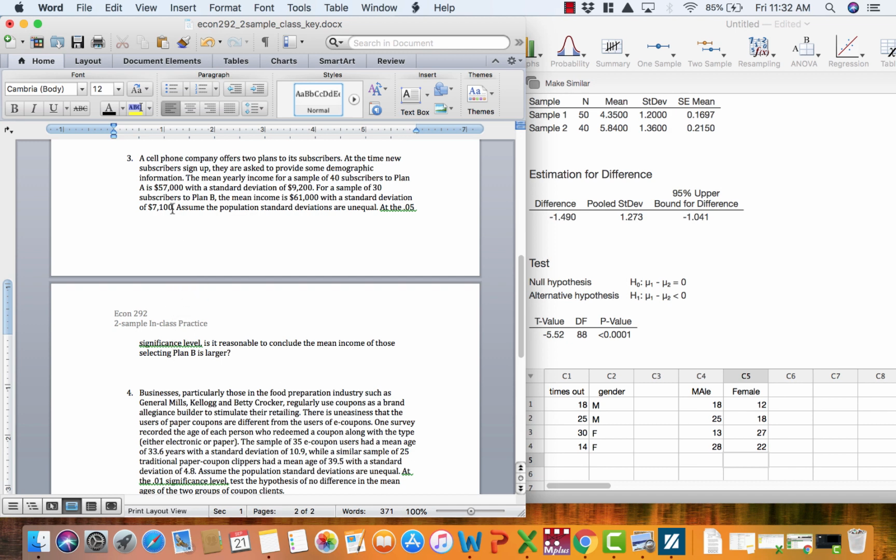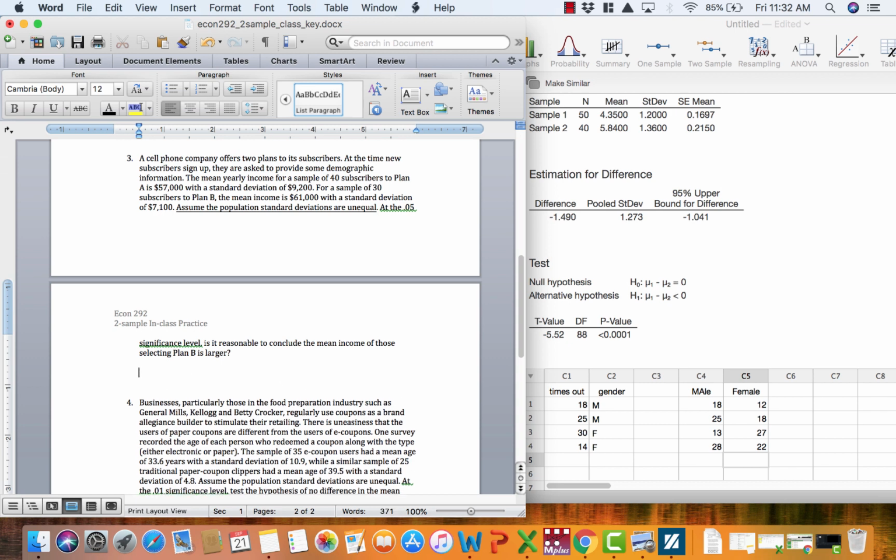Again, we know this is going to be a 2-sample T because we read the sentence right here. We assume the population standard deviations are unequal, which tells us it is not paired T. We want to write our null and our alternative. Is it reasonable to conclude the mean income of those selecting Plan B is larger?